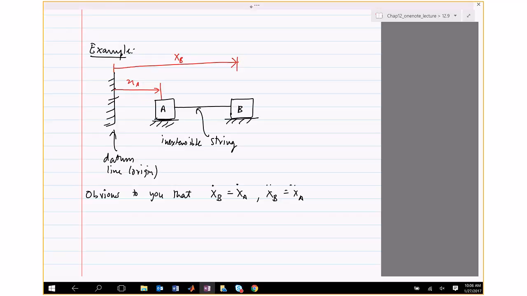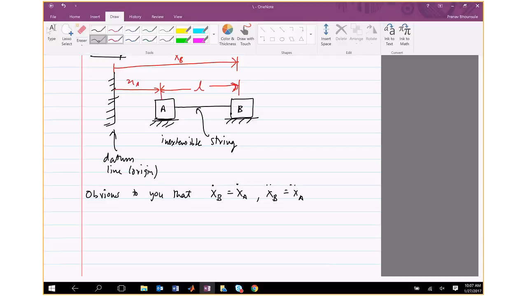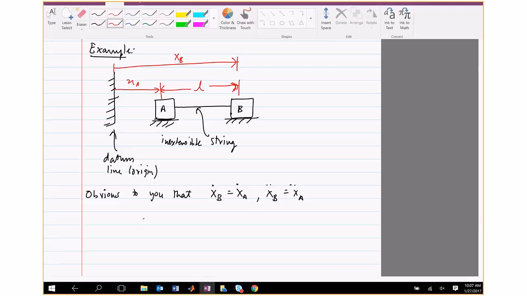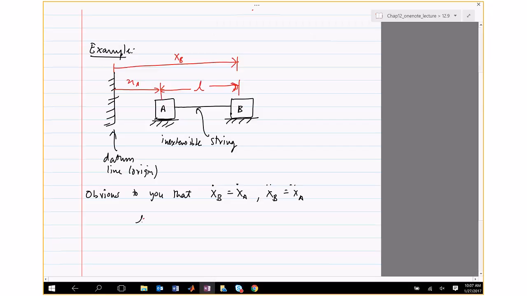we're going to exploit the fact that this string is inextensible. If the string is inextensible, then the length of the string, L, does not change, right? L is the length of the string. The length of the string is xb minus xa, right?